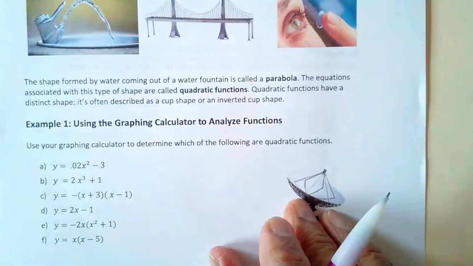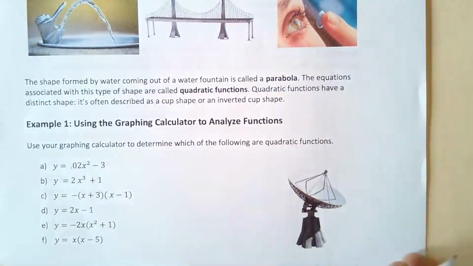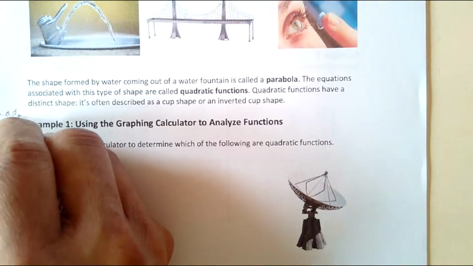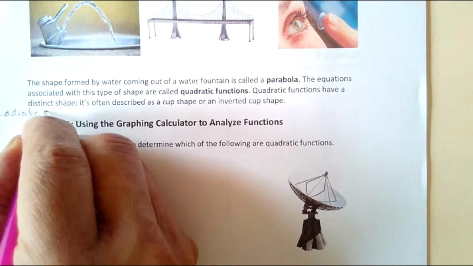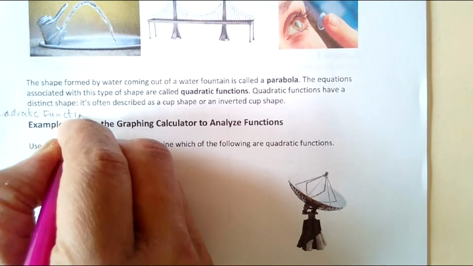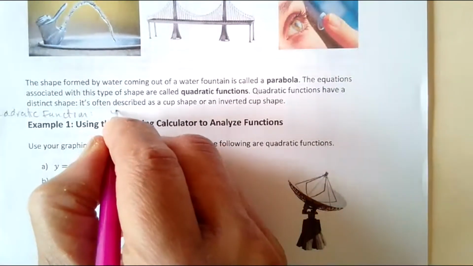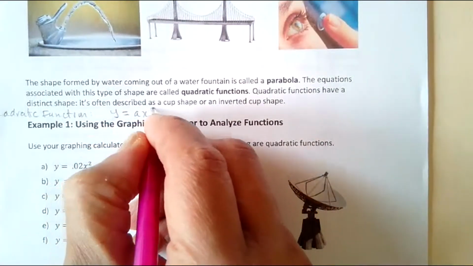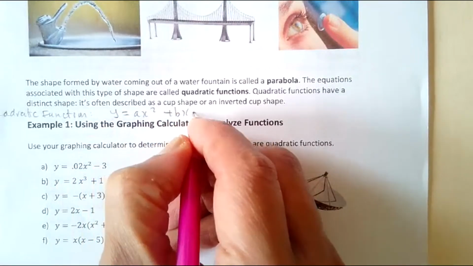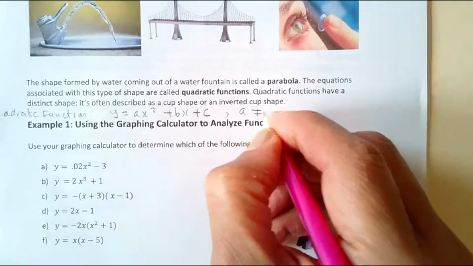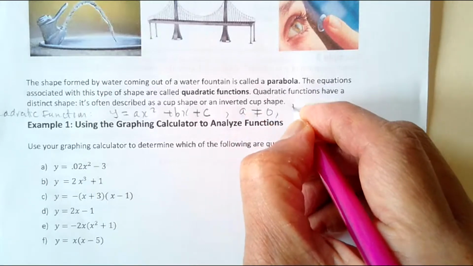Now, a quadratic function, on the other hand, has the form y is equal to ax squared plus bx plus c, where a is not equal to 0 and b and c are numbers.